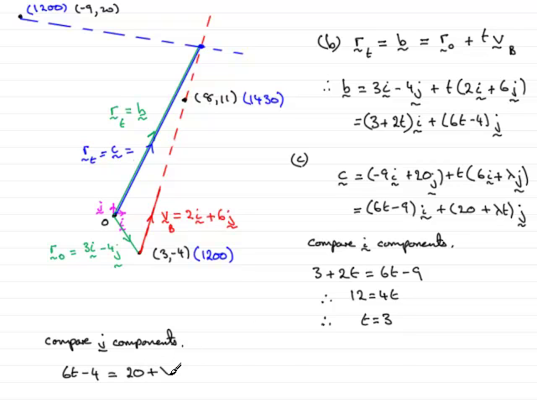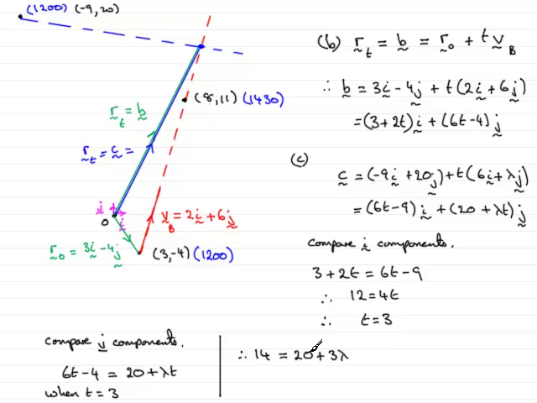But we know that t is 3, so when t equals 3, we can substitute this into this equation. 6 3s are 18 minus the 4 leaves me with 14, so we have 14 equals 20 plus 3 lambda.